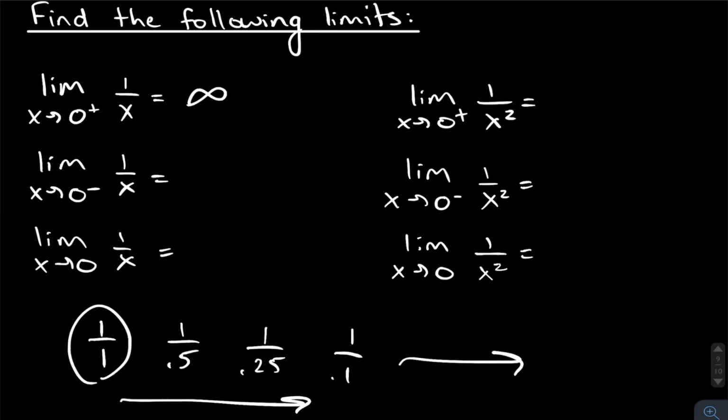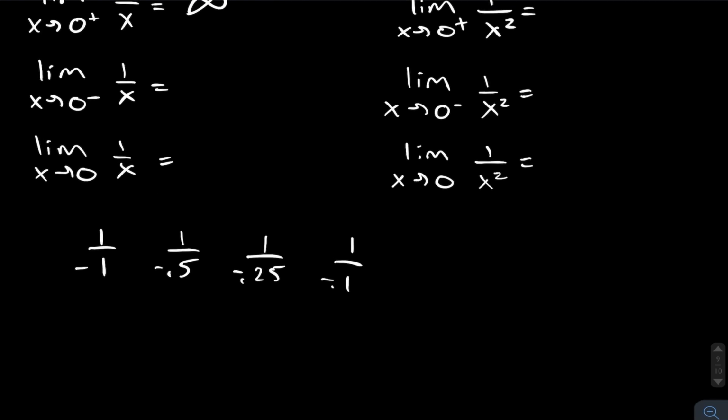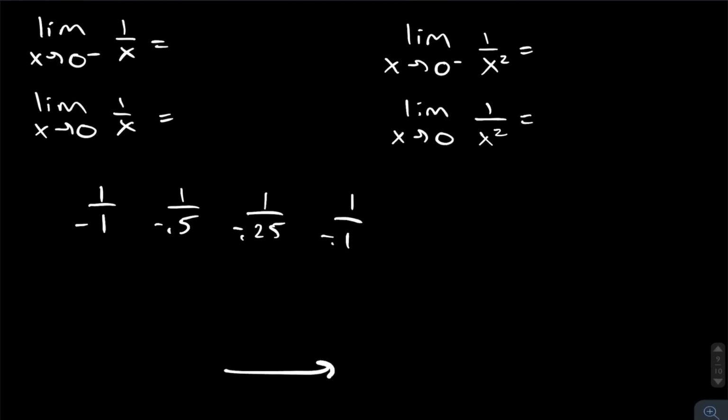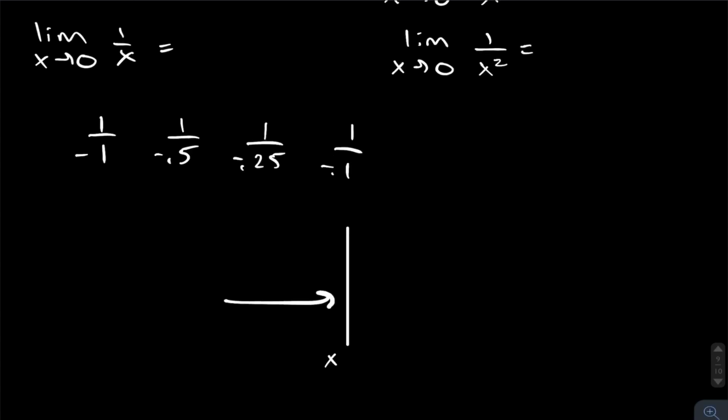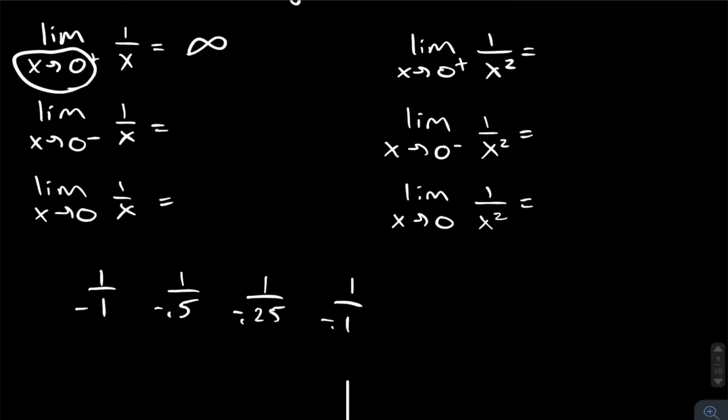Okay? But what about from the negative side? Well, now we're approaching it with negatives. So we'll have different numbers like -1, -0.5, -0.25, -0.1. We are getting closer to x equals 0 from the negative direction, from the left of x equals 0. The reason I'm saying x equals 0 is because that's what the limit says.